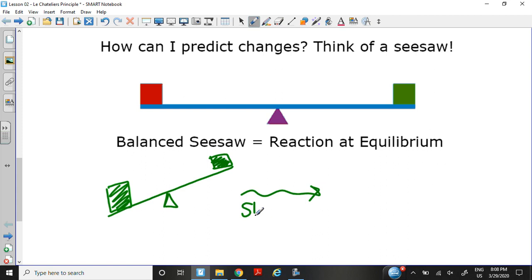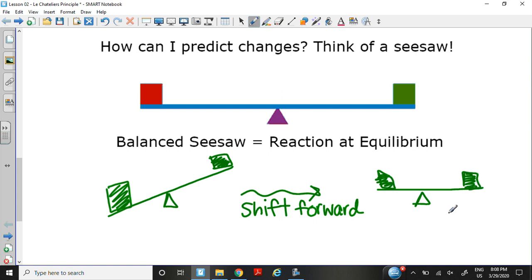It's going to have to shift to the right or forwards. So you have to move some of that weight from the left-hand side to the right-hand side. And we want it to go back to being equal on both sides.